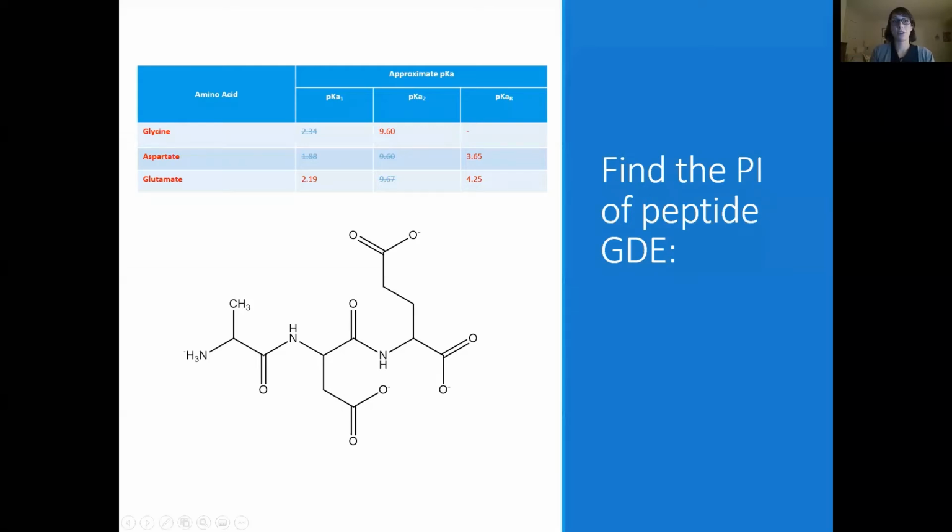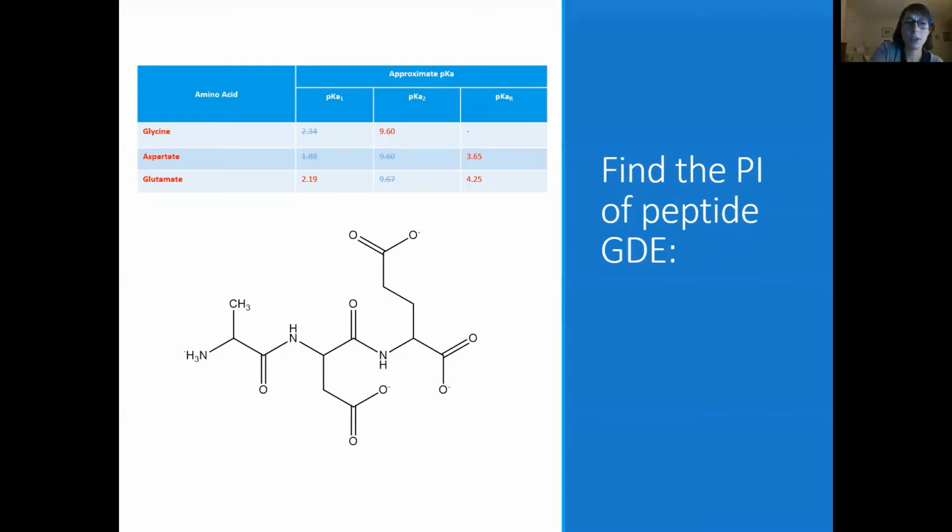Here I have the structure of the peptide shown again, and I have limited our table to the 3 amino acids that make up this structure. Now I've highlighted the amino acids to represent each pKa that is important to our structure.